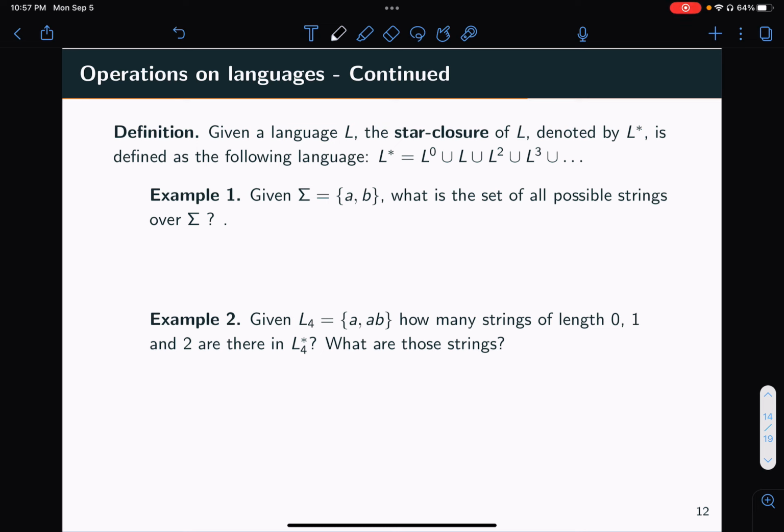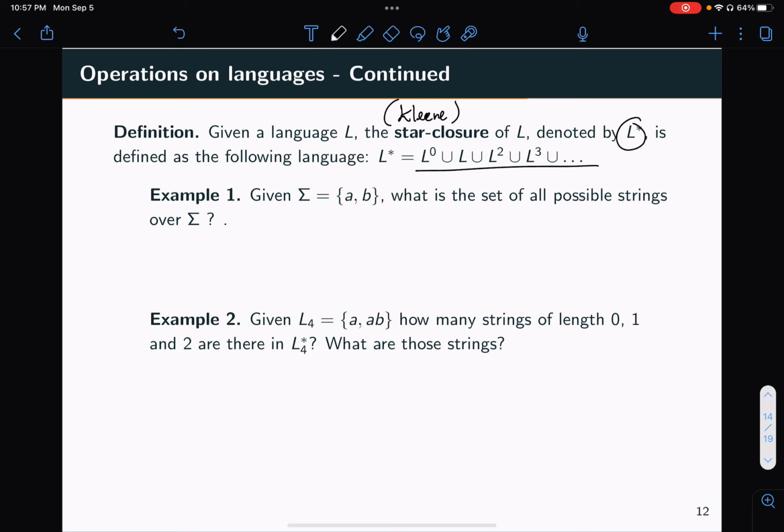So, given a language L, the star closure, also known as the Kleene star closure or Kleene closure, there's a bunch of permutations, but sometimes Kleene is in there, which is denoted by L star, is defined as the following.